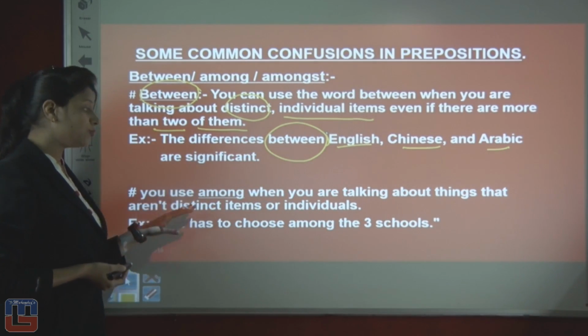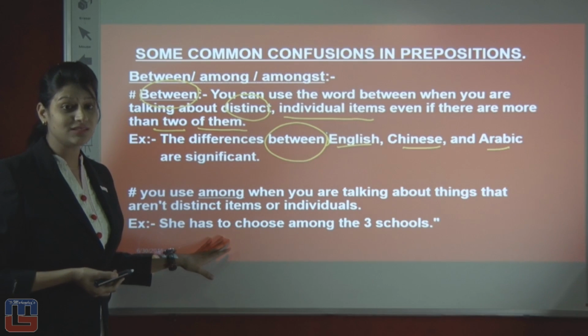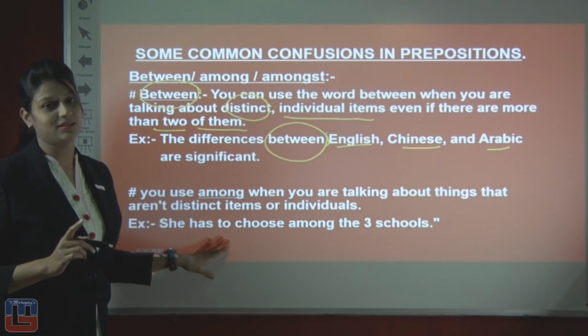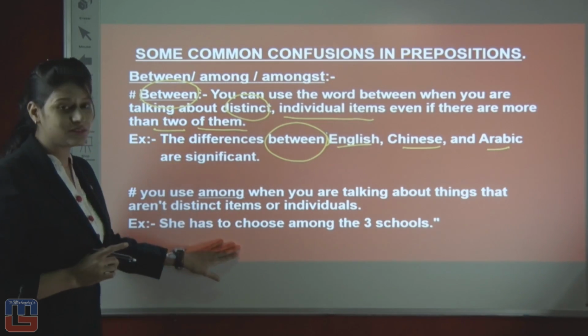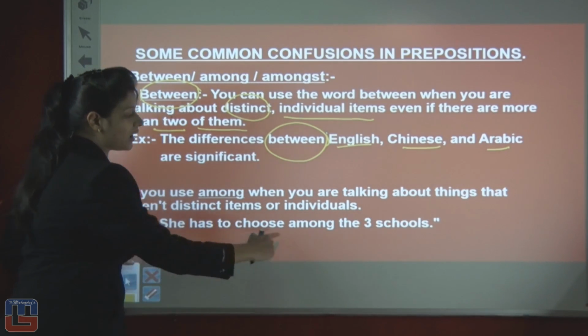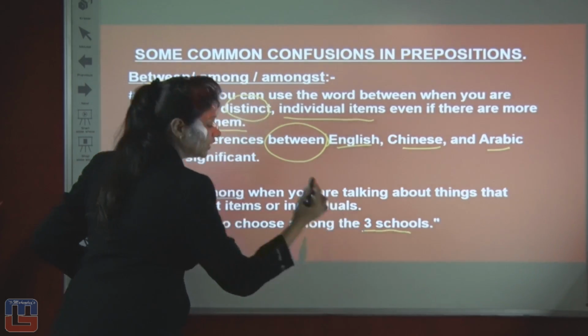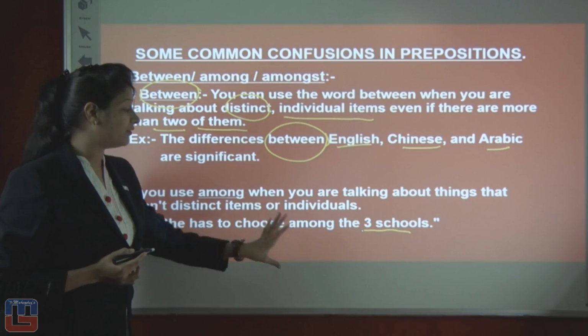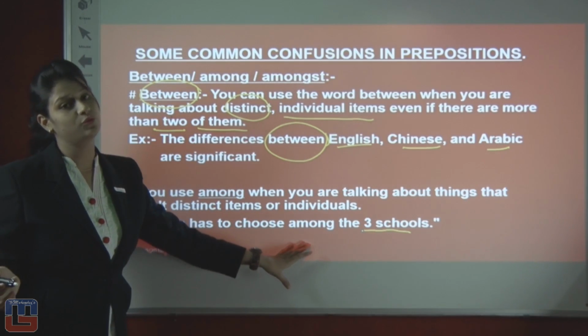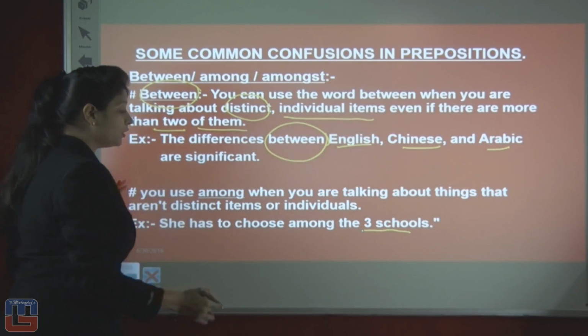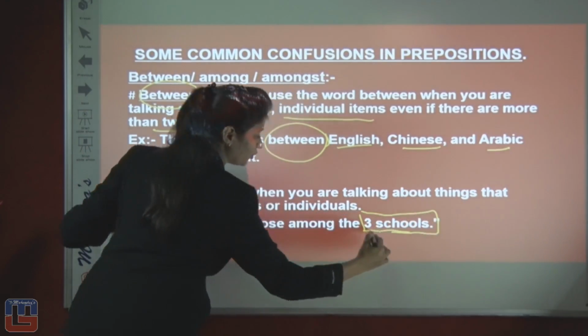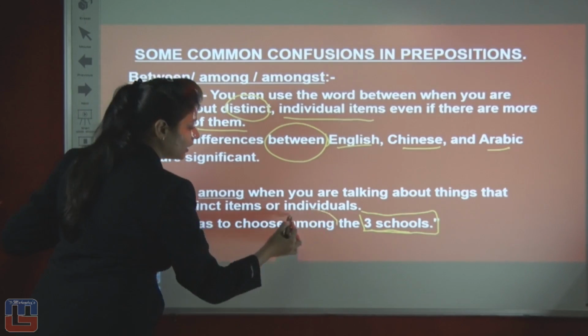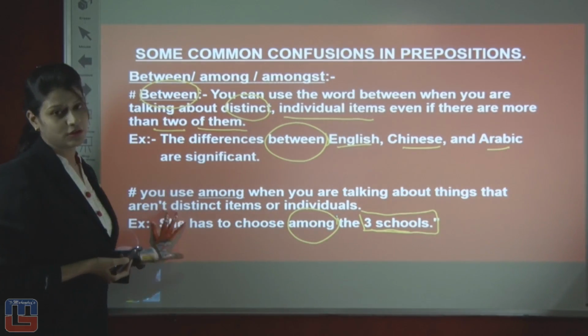Coming to among, you use among when you are talking about things that are not distinct items or individuals. Now in this sentence you can see she has to choose among the three schools. I am talking about three schools, but I haven't distinguished which three schools those are. It is a combined expression of all the three schools, so I have to use the word among over here instead of between.